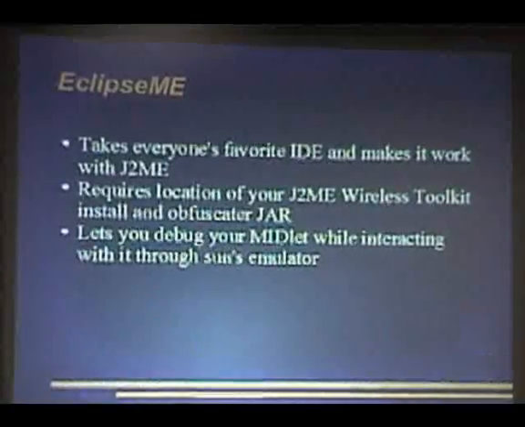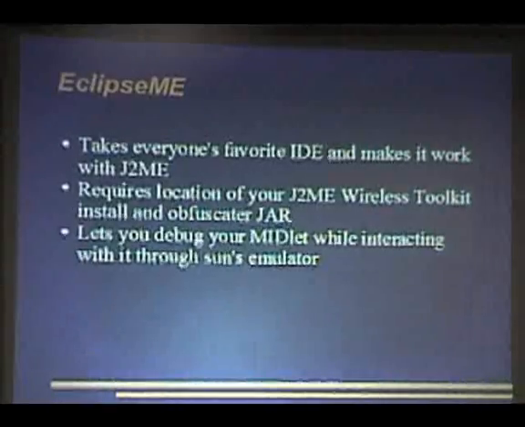Basically, once you have EclipseME installed, when you create a new package, you can say it's a mobile package instead of a Java package, and it'll use the J2ME libraries instead of the regular J2SE libraries. I wrote down that it requires the location of your wireless toolkit install and obfuscator. Did I spell obfuscator right? Maybe. You obfuscated.